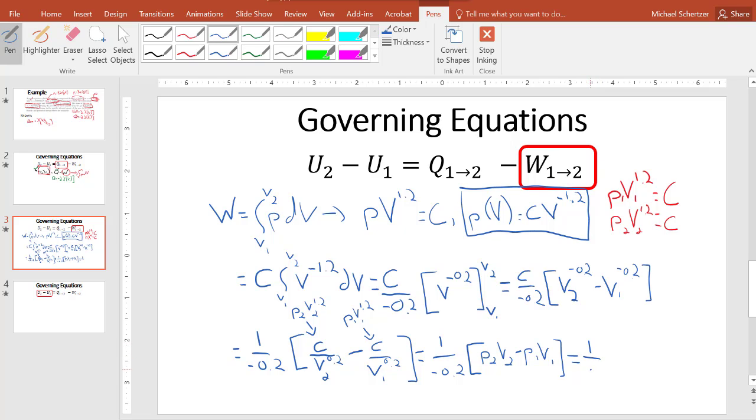So this becomes negative 1 over 0.2, and I'm just going to flip these two terms around since the signs change. So this is going to be p1 v1 minus p2 v2. Does that part make sense? So now we have an expression for work.